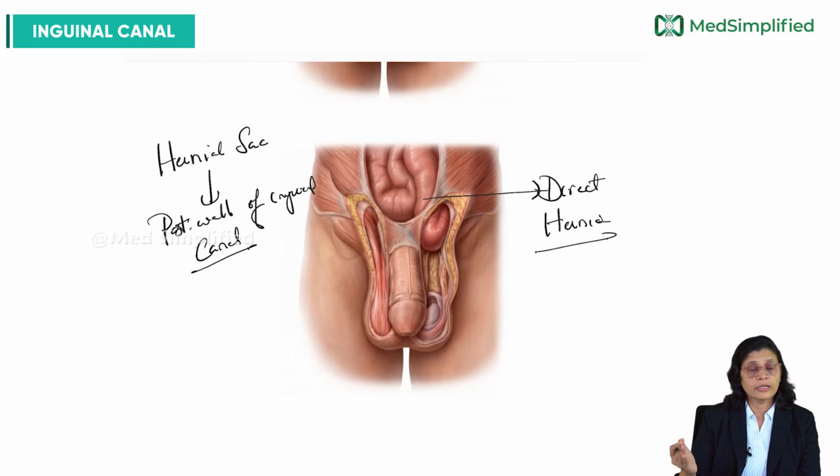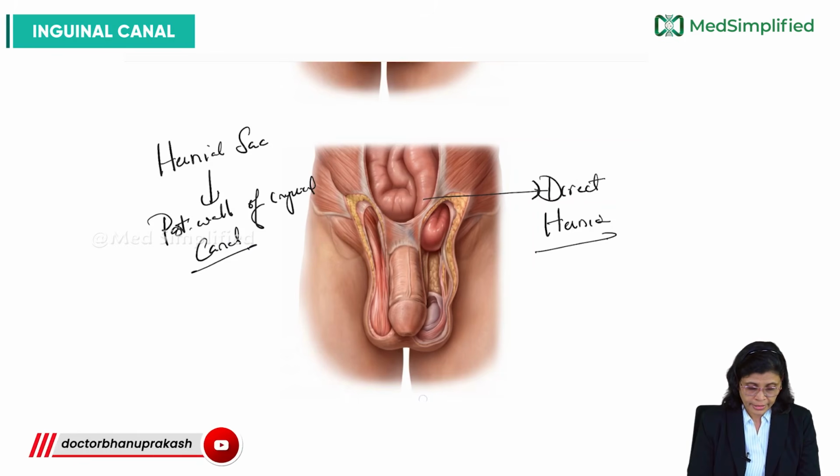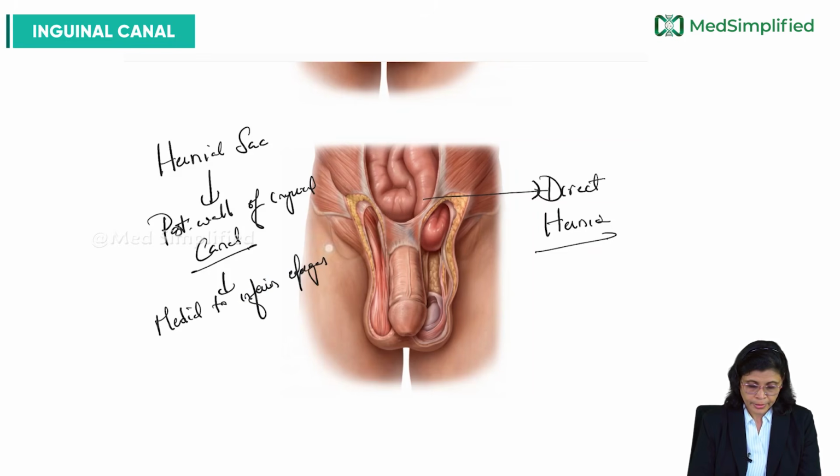It is usually medial to the inferior epigastric artery, and that is in the Hesselbach's triangle.